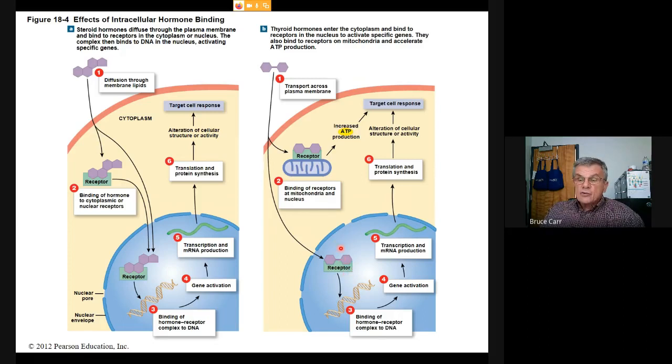And look at that connection, the same pathway. Once you activate a specific gene in the nucleus, you're going to make a specific protein. And when you bind the mitochondria, you're going to increase ATP production. So you're altering the level of cellular activity, with one of the effects being the production of that target protein.